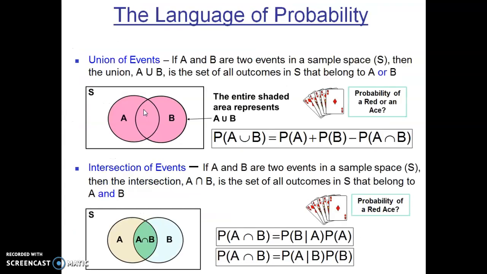Moving on, now let's talk about the union and intersection of events. If A and B are 2 events in a sample space, then the union A union B is the set of all outcomes in the sample space that belong to A or B. So it would be everything in A and everything in B. Let's use some numbers to illustrate.